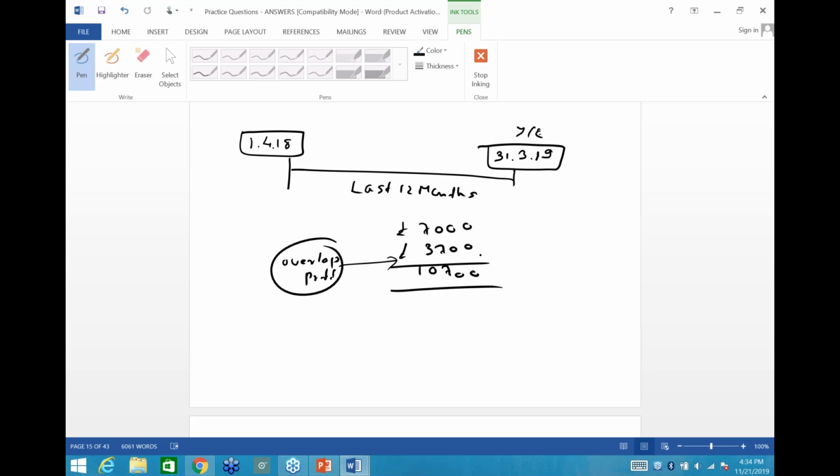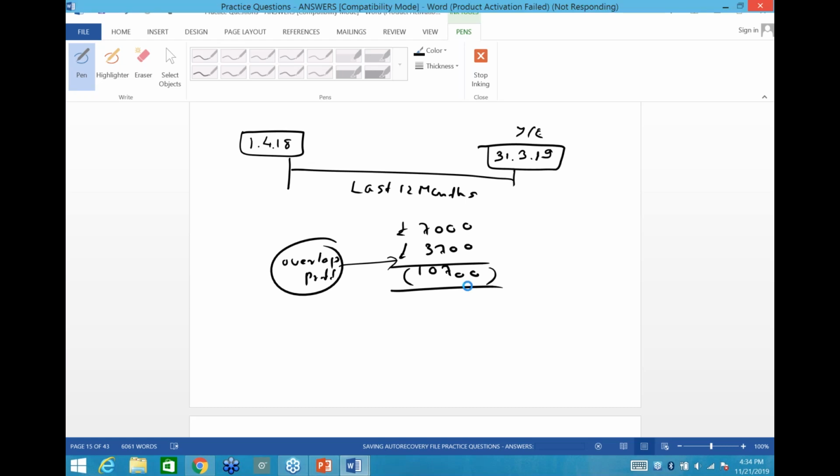Therefore, you have a special relief available under terminal loss relief. If there's any overlap profit on which you have paid taxes twice, that overlap profit can be added to the loss, and on the total you can claim terminal loss relief. Therefore, the total loss that you have is 10,700. This is what we call the terminal loss here.